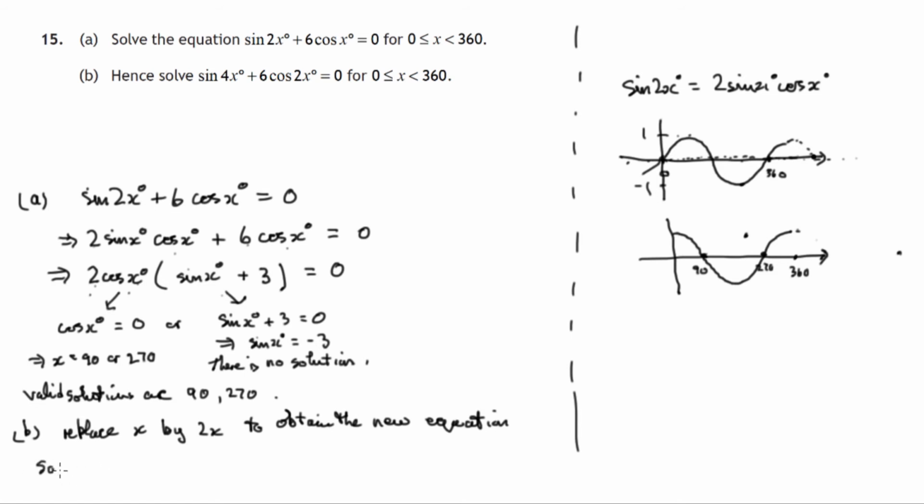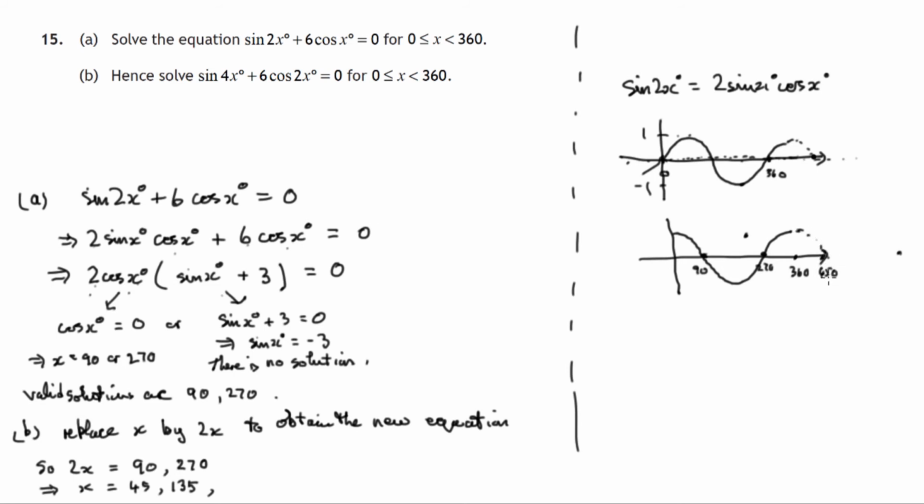So 2x must be equal to 90, 270, which in this case means x must be 45 or 135. But wait a minute, if we're halving values and yet the range for x is still 0 to 360, these further examples where cosine of x was 0, for instance, remember I mentioned this 450.